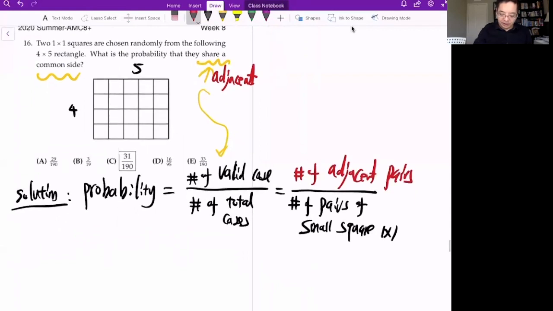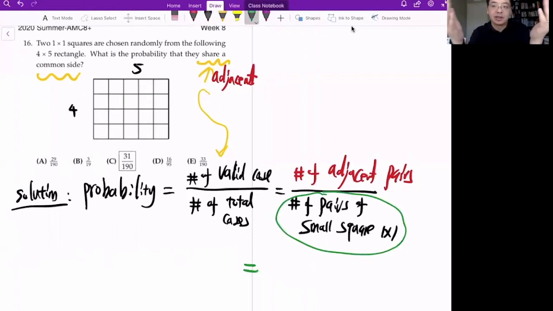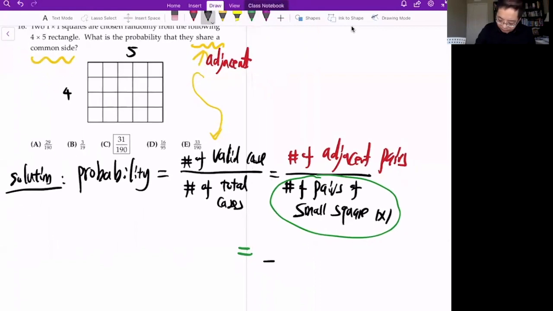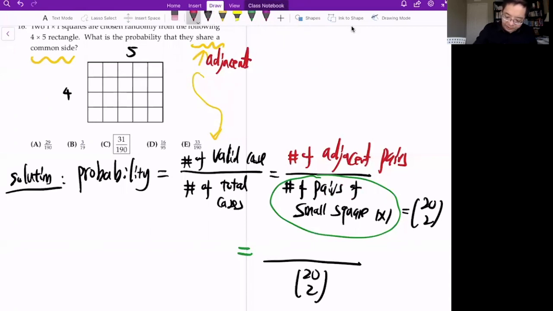Okay. Now, this one is very easy to compute. It's a standard setup to use combination. In total, we have 20, we choose 2, so the 20 choose 2. The key step is to figure out what is the number of adjacent pairs, all right?